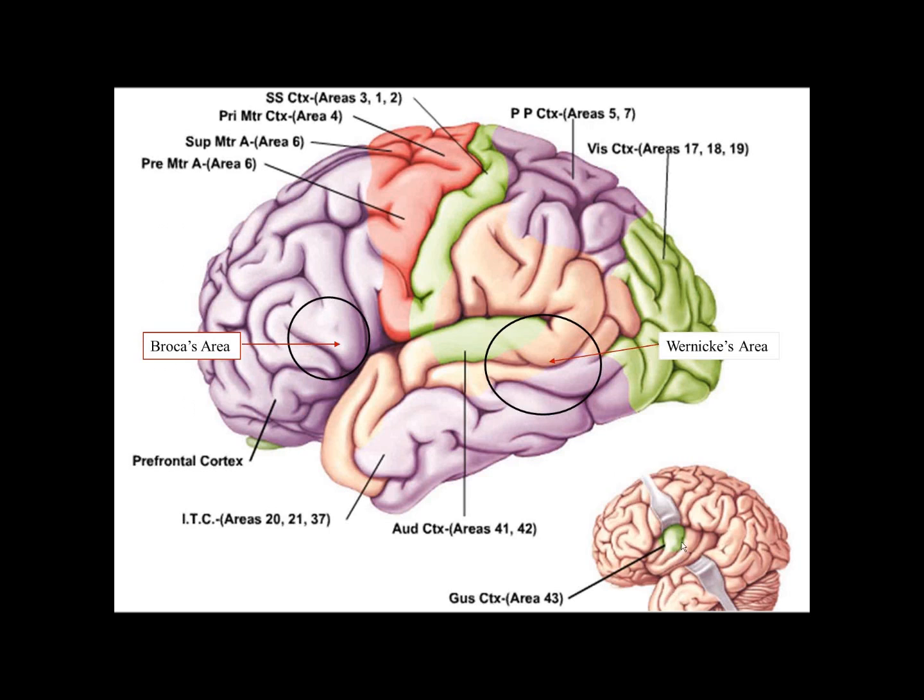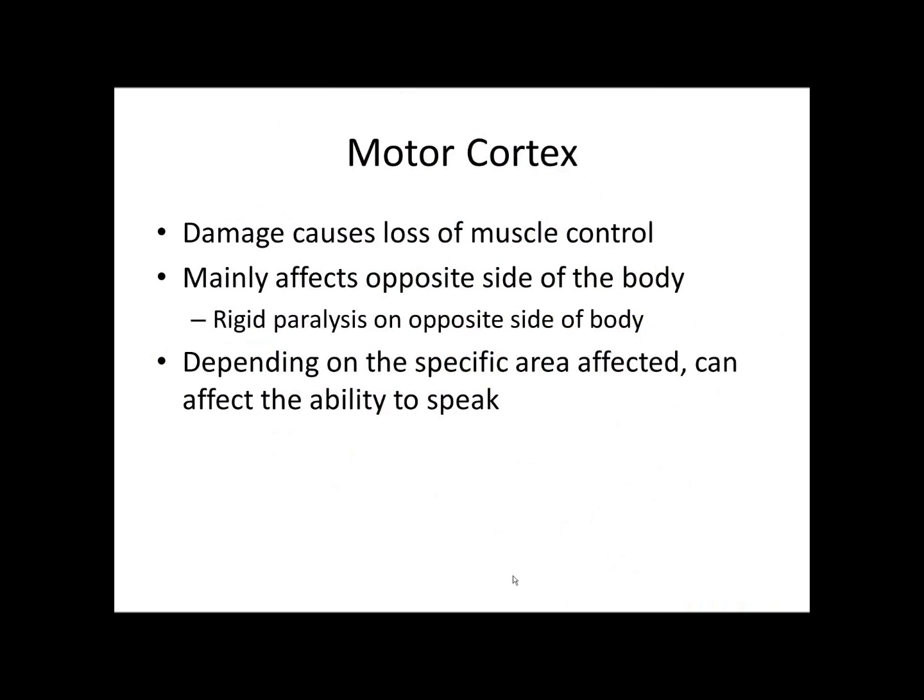Here are the areas inside the lateral sulcus or lateral fissure, and this used to be called the gustatory cortex and is actually still labeled the gustatory cortex here. We'll talk about that a bit later. So motor control is associated with the motor cortex, and damage can cause loss of muscle control on the opposite side of the body, generally speaking.